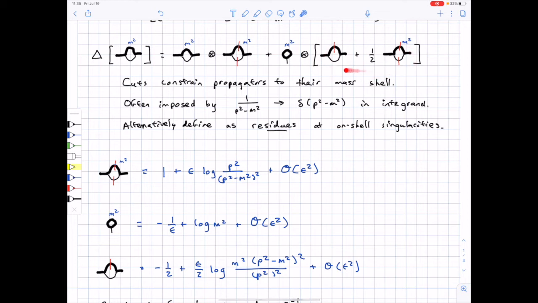So really this combination starts at order epsilon. So we only have to take this combination on the right of the tensor product, and then on the left, only the divergent term here will contribute to the overall coaction at order epsilon to the 0. Right? So it's minus 1 over epsilon, tensor this sum.